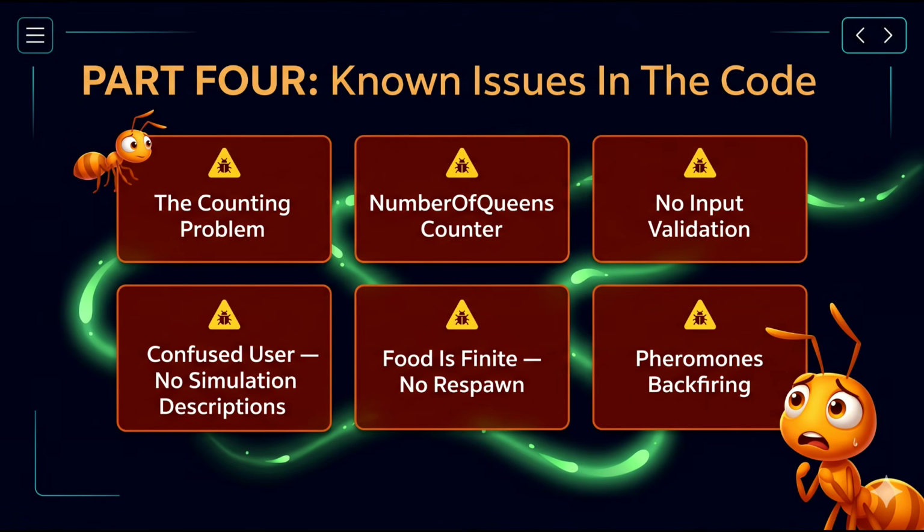Part 4. The code has bugs and AQA knows that it has bugs. So the preliminary material literally says that understanding these bugs is important both for the theory questions and the programming task. Bug 1 is the counting problem. In nest.advanced stage, the variable ants in nest count is incremented for every worker ant that belongs to this nest.